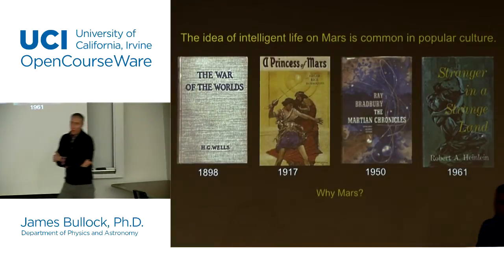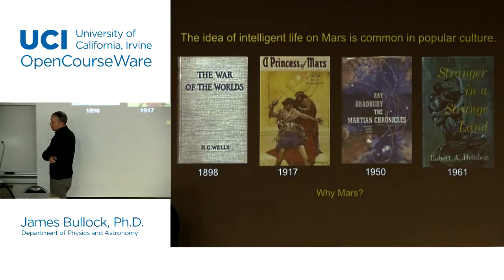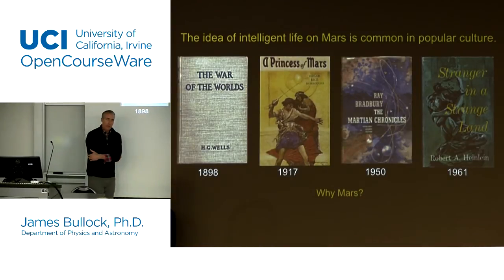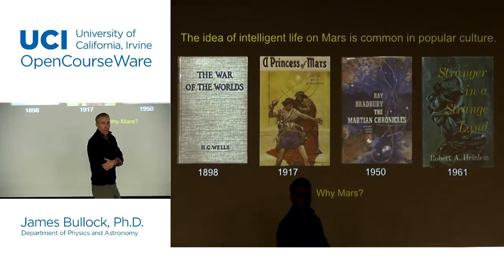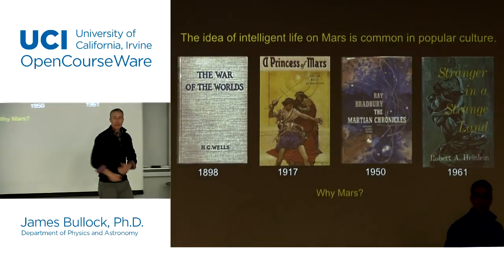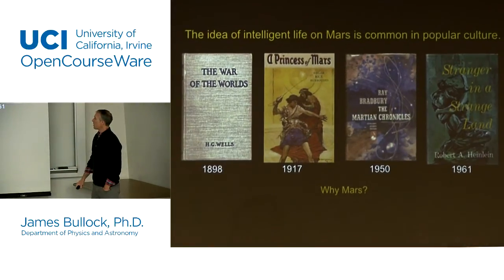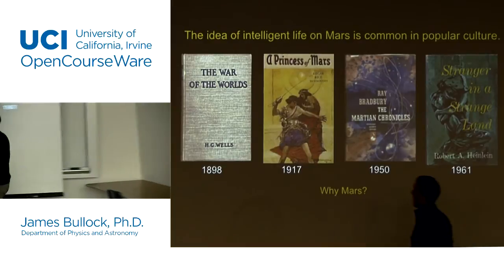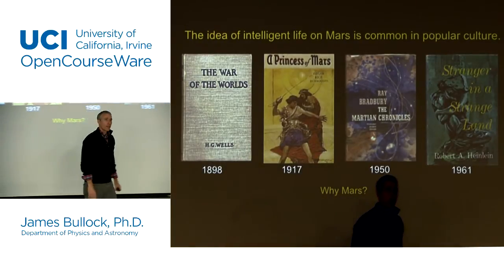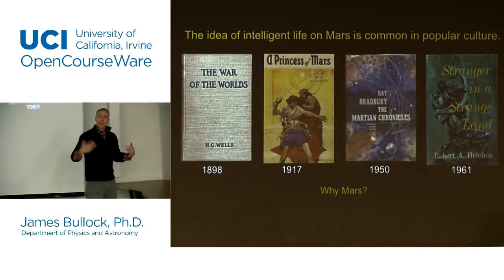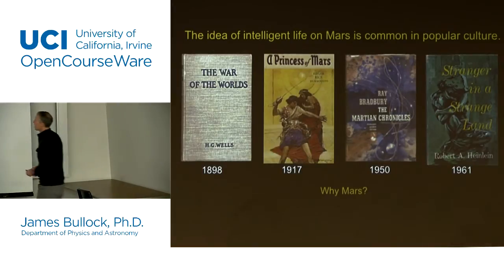Now, one of the reasons why Mars has been sort of fascinating to people, at least in the last 100 years or so, is that Mars has for a long time been sort of a popular candidate for life. And in fact, even intelligent life on Mars has been a common thing. I mean, The War of the Worlds, which we mentioned briefly, is this famous book from 1898, which posited this idea that Martians were coming to the Earth to sort of wage war on us.